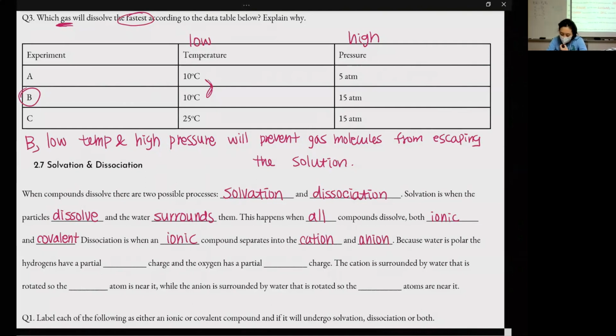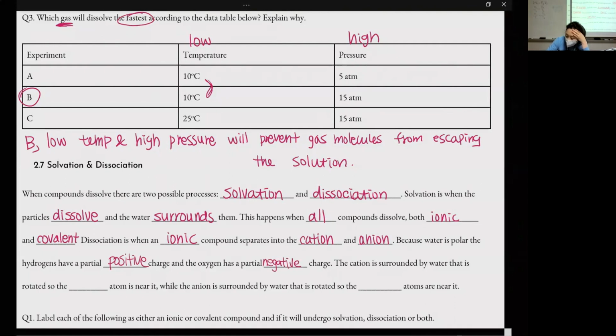Because the water is polar, the hydrogen has a partial positive charge and the oxygen has a partial negative charge.